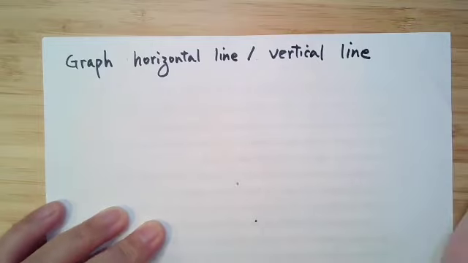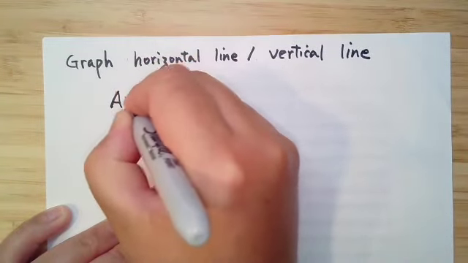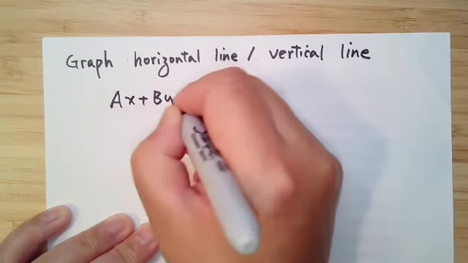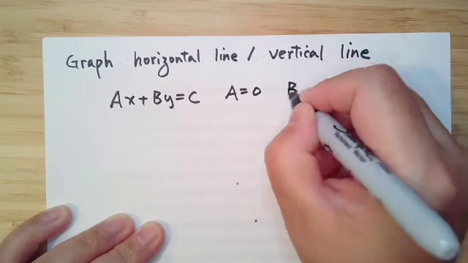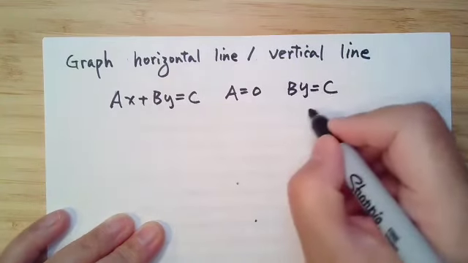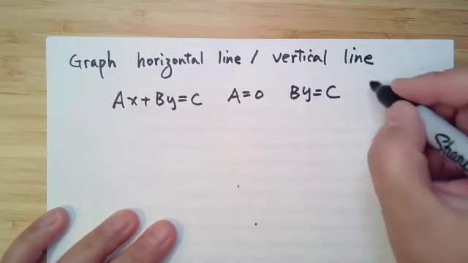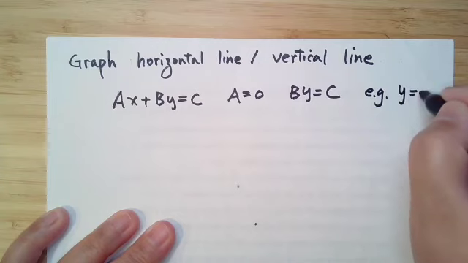Do you remember I had a very special situation earlier, ax plus by equals c, and when a is 0, I only have by equals c. Remember that? There's no x. Let me give you one example. That will be y equals 3.